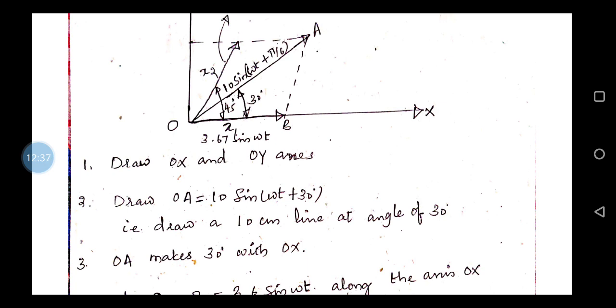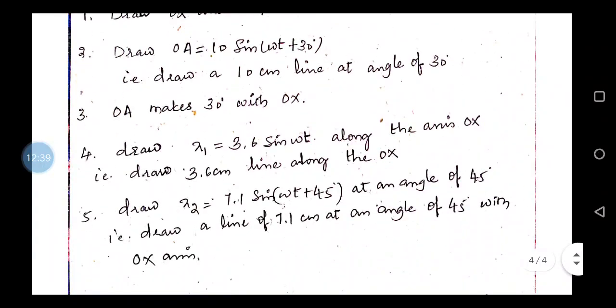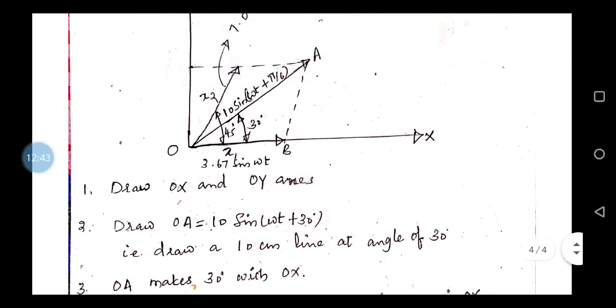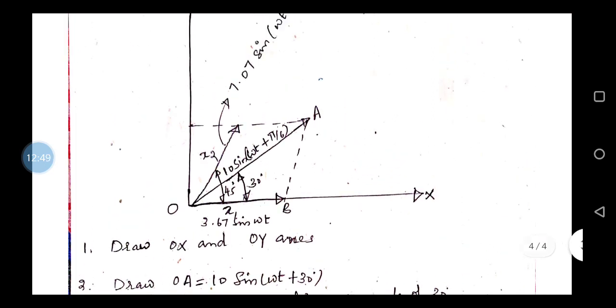Similarly, draw x2, which is given as 7.07 sine of omega t plus 45 degrees. So at an angle of 45 degrees from O, draw a line of 7.07 centimeters. That represents x2.